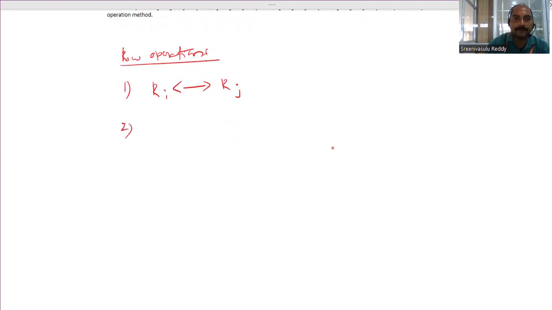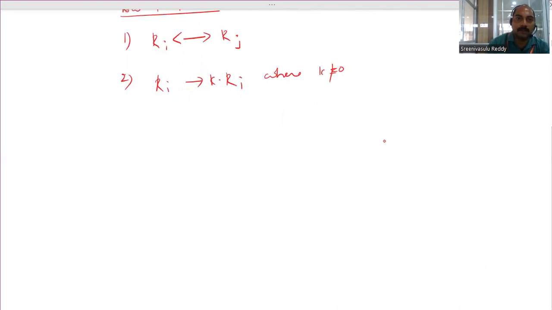The second property: the ith row is replaced with some scalar multiple of the same row, where k is a non-zero number, k not equal to 0. Or the ith row is replaced with k times the ith row.